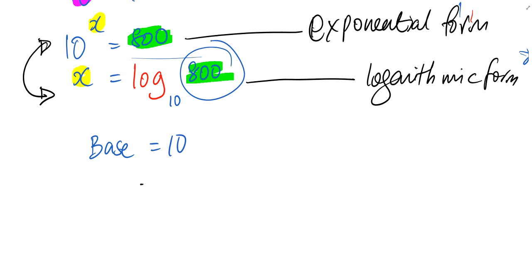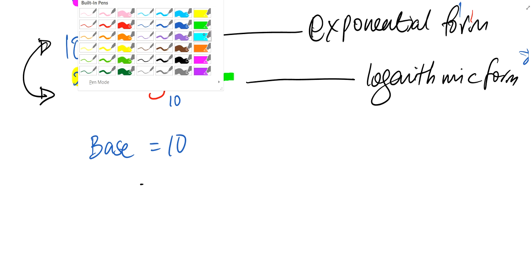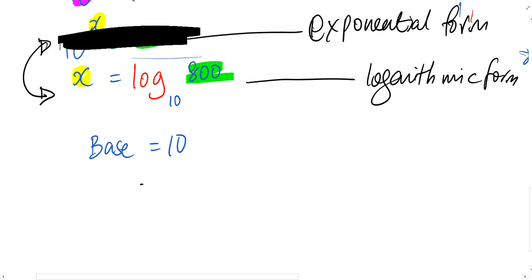So to interpret this, every time you see logarithms, when you are given the log form, when you see x equals log 10, 800, you must think, what is the power for 10 in order to get 800?